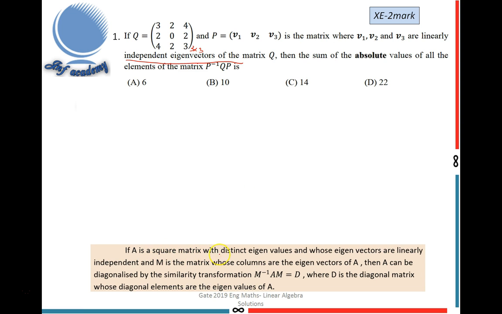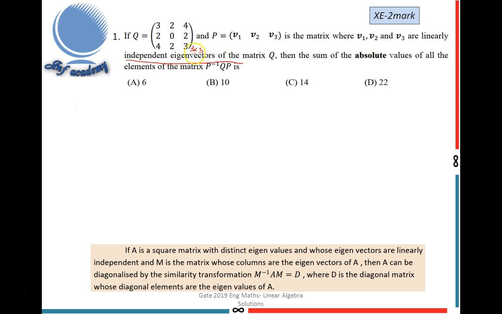If A is a square matrix with distinct eigenvalues and whose eigenvectors are linearly independent, and M is the matrix whose columns are the eigenvectors of A, then A can be diagonalized by the similarity transformation M inverse AM equal to D, where D is the diagonal matrix whose diagonal elements are the eigenvalues of A. By using that process, I can write here Q is the matrix and P is [V1 V2 V3] whose column vectors are the eigenvectors of the matrix Q. Those eigenvectors are linearly independent.